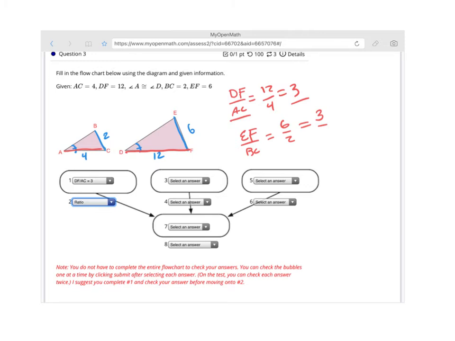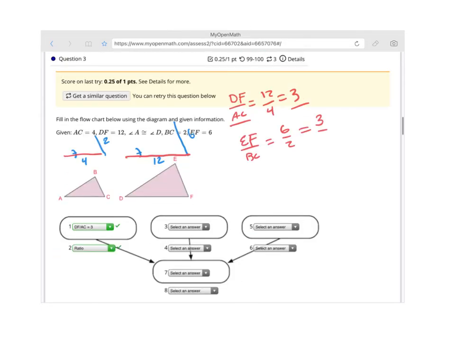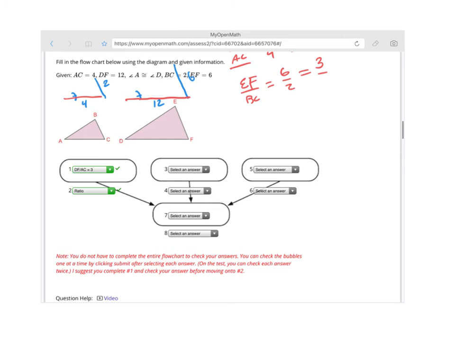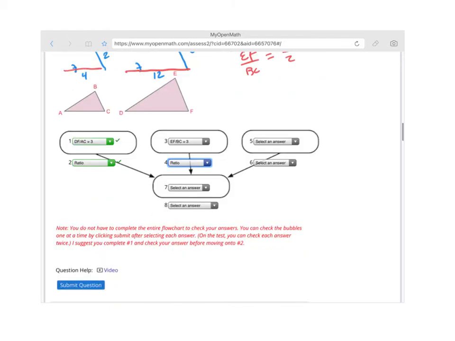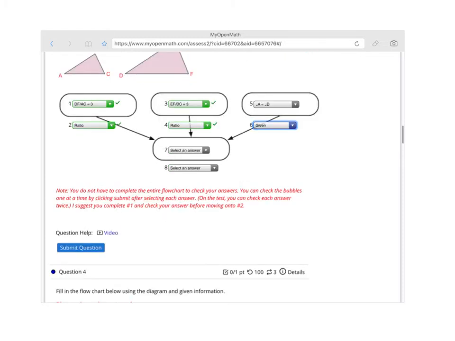That's a ratio. And let me just check my answer to make sure that that's correct. And it is. So then let's go ahead and go to the next one. That's EF over BC is equal to 3. And that is also a ratio. And then the last one, we have angle A is congruent to angle D. And then we have that is given. And let's check that out.